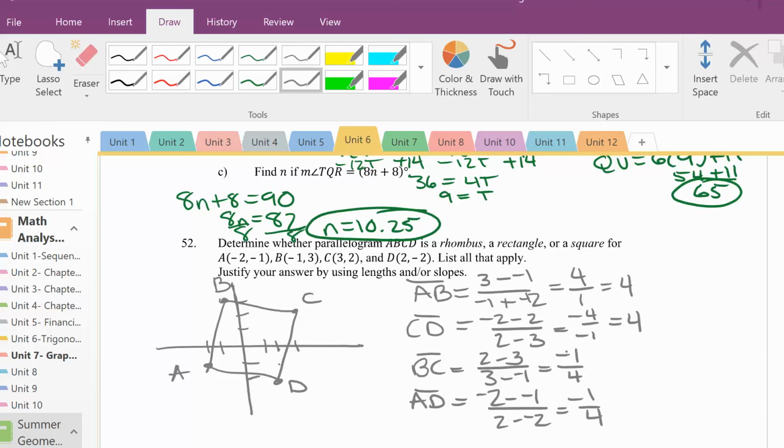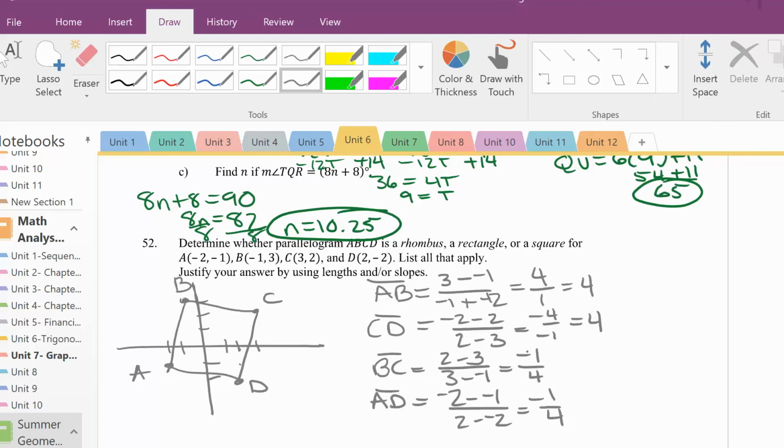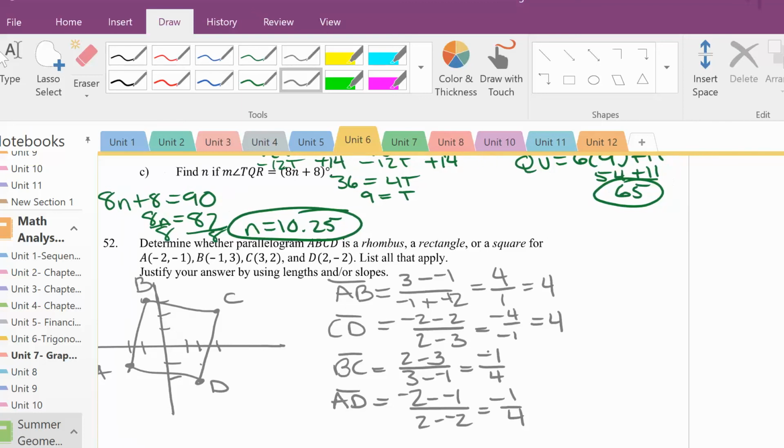So from that, we know it's a parallelogram since opposite sides are parallel. And since the consecutive slopes are perpendicular, we know it's a rectangle. All right, because that means there's right angles here and here, since the consecutive slopes are perpendicular.